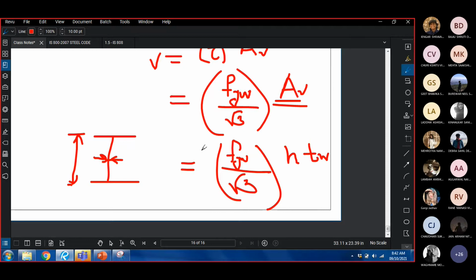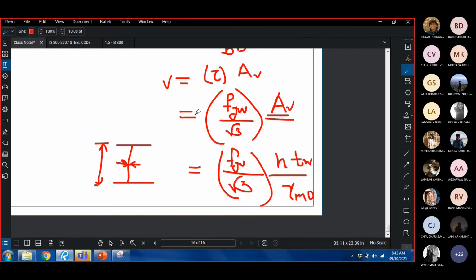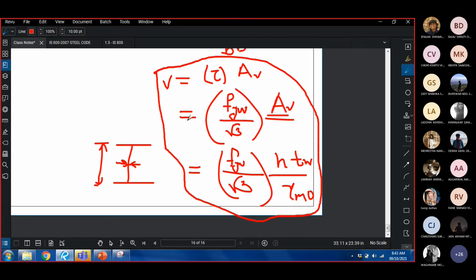Now, obviously, if you are talking about the design shear force, then you will divide this by gamma m0. So this is just a revision, okay? This is not something new. In terms of absolute designations it might be new, but conceptually, this formula is not new.